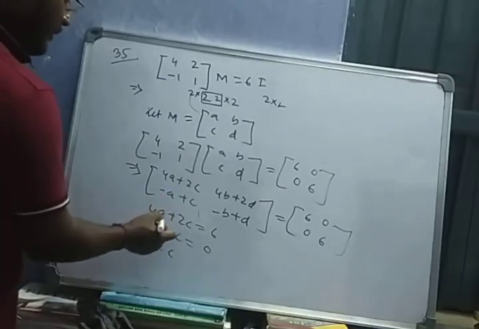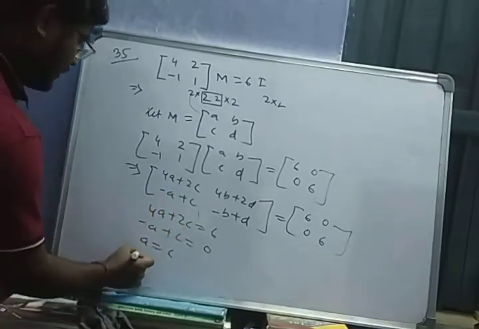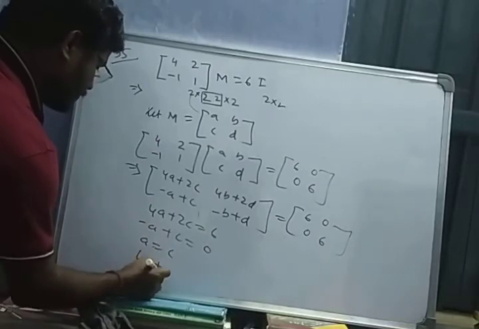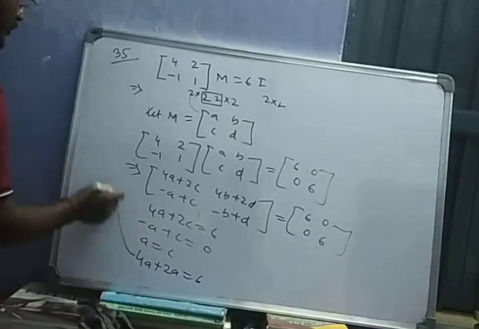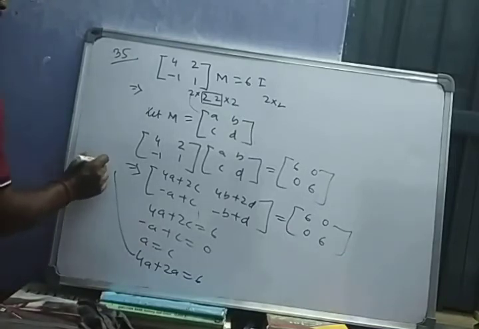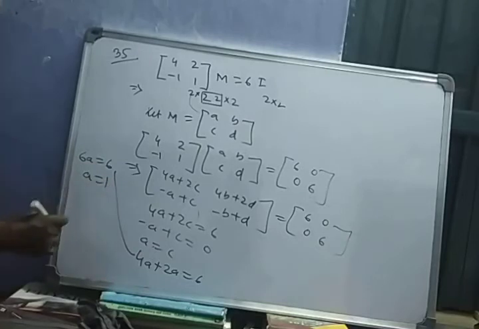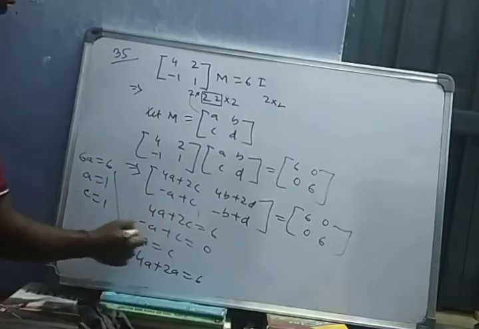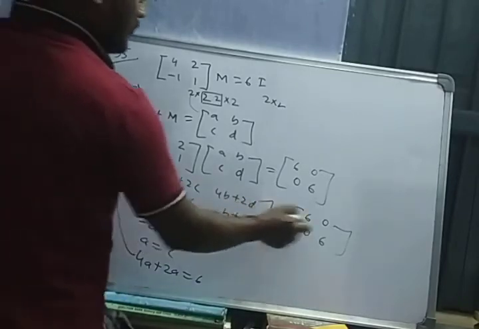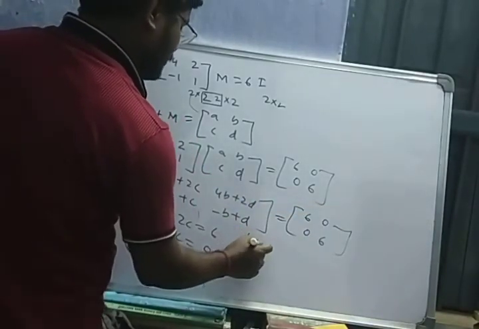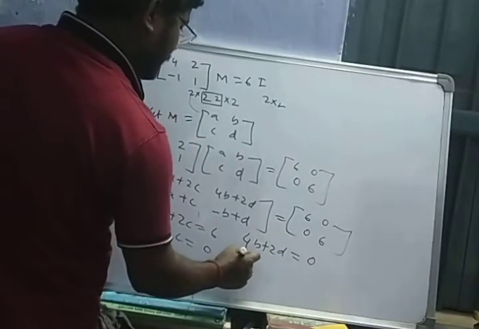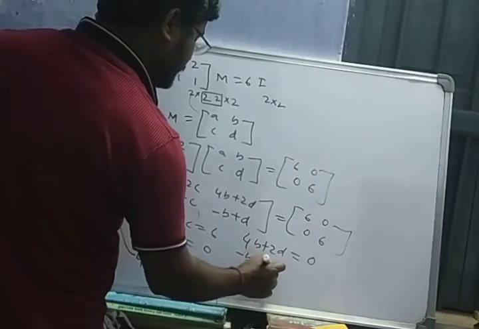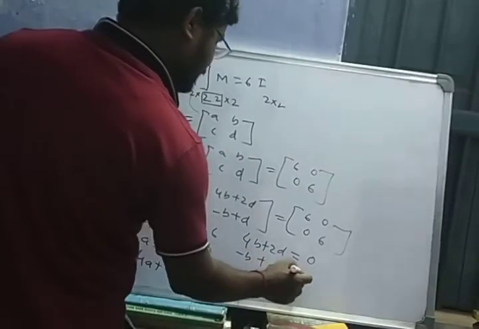Put the value of a, then 4a plus 2a equals 6, or 6a equals 6, a equals 1. Therefore c equals 1. Why? A equals c, it is given. And from the other two entries, 4b plus 2d equals 0 and minus b plus d equals 6.